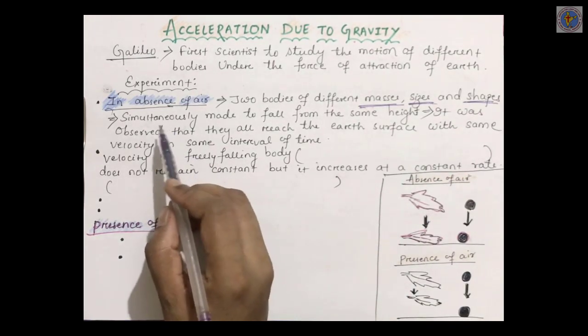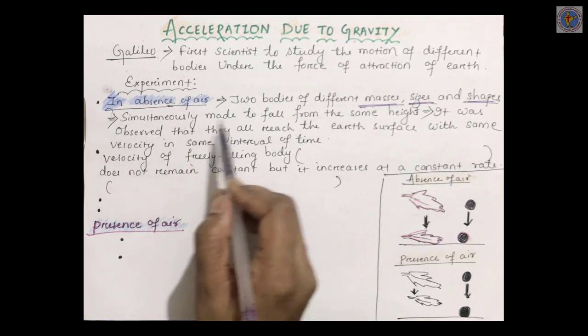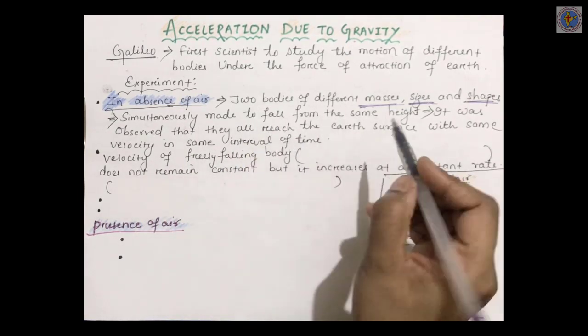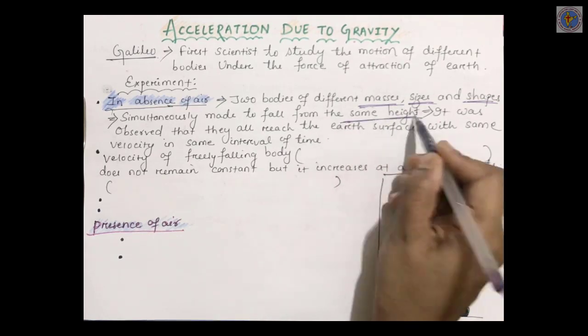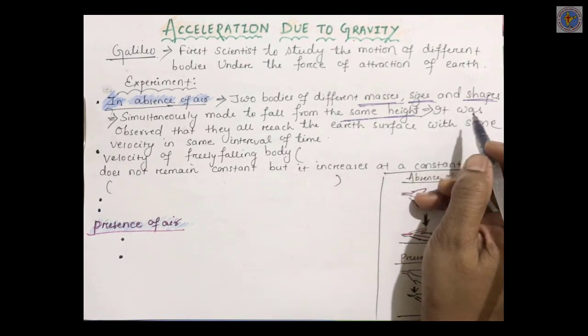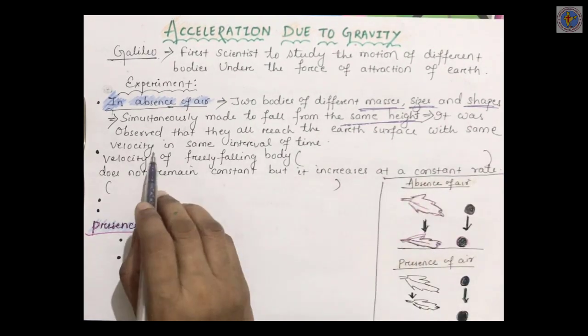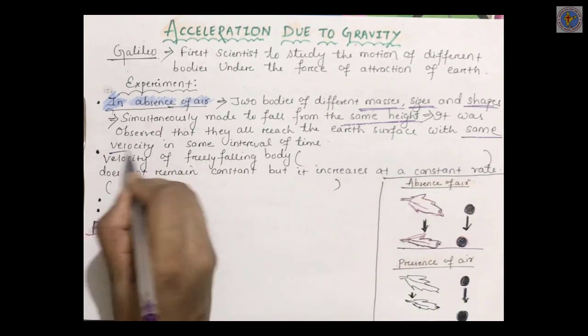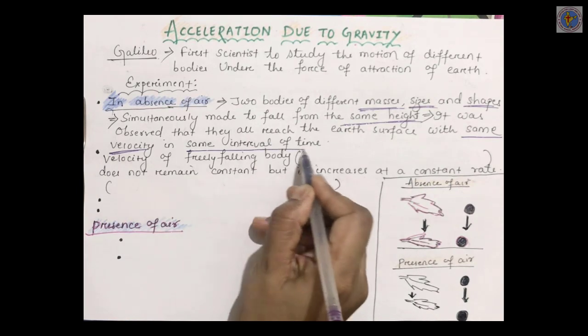Simultaneously he made those two bodies fall from the same height. It was observed that they all reached the earth's surface with the same velocity in the same interval of time.